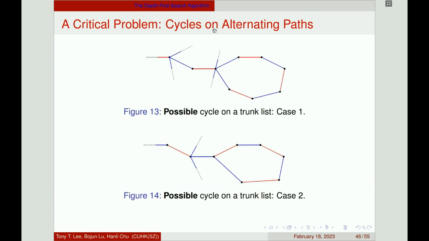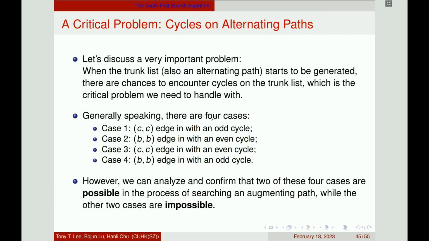So another key point and crucial problem we highlight here is that when we want to design a procedure to search for M to enlarge the cardinality, cycles are really important. Because you can see that we started from a free node and started the search, right?